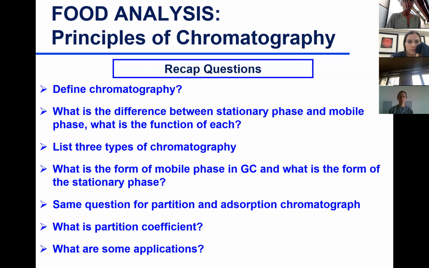Okay, list 3 types of chromatography. If you remember, last time I said, if in an exam or a quiz I asked you what type of chromatography you would rather use to separate caffeine from different phenolic compounds in your sample, or to separate flavor components, or to separate fatty acids, what would you tell me, Sam?